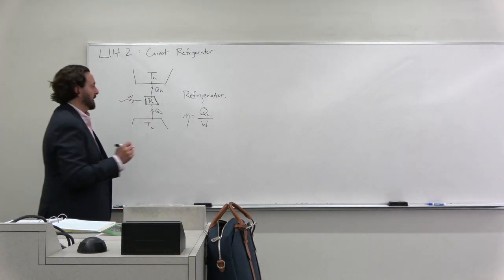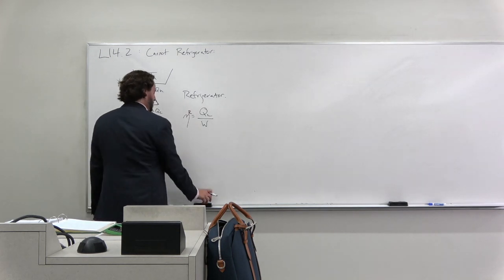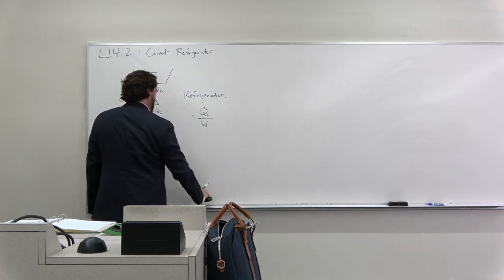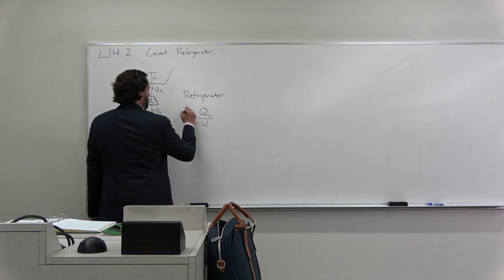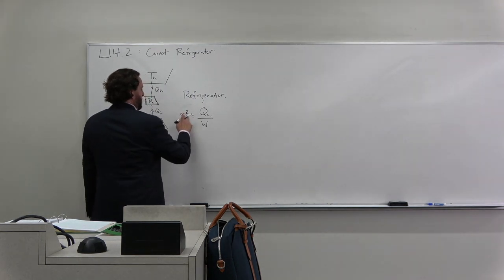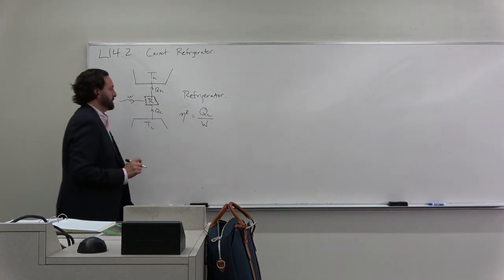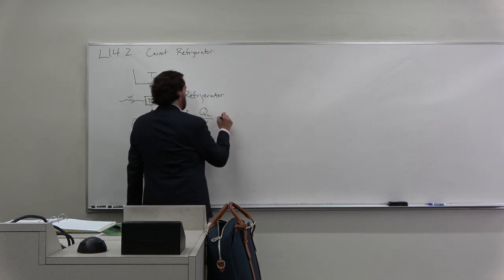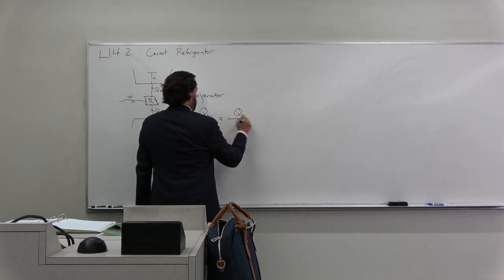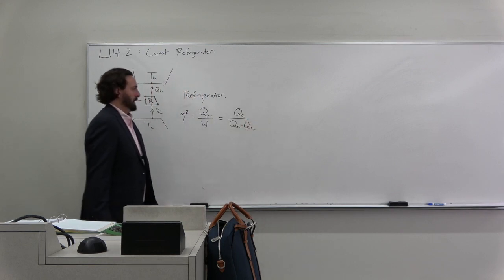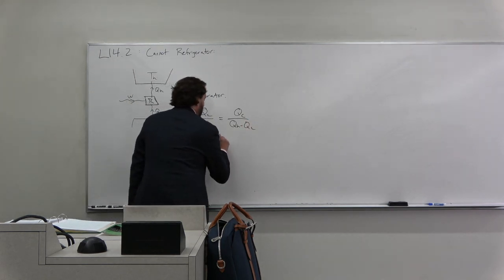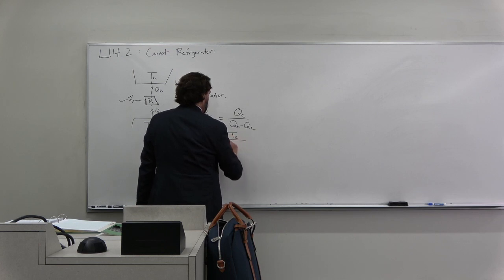So let's put a little R here for refrigerator. So this is the eta of a refrigerator. It's supposed to be like a superscript R. But still, QH minus QC is the total work. And we showed last time, this could be rewritten as TC over TH minus TC.